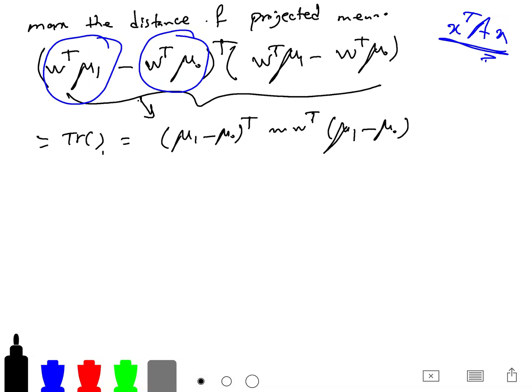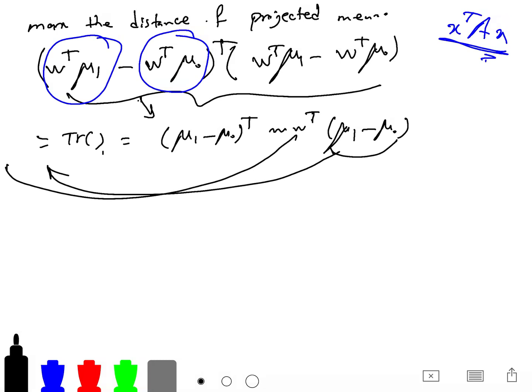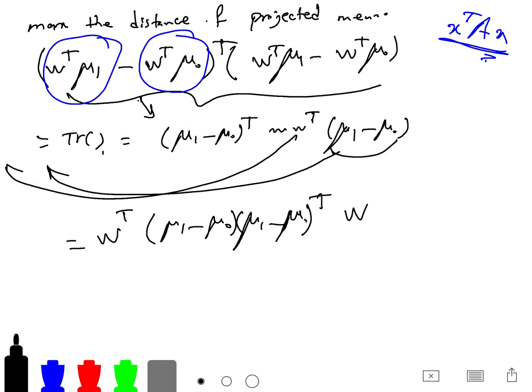In trace, we can just rotate elements. So after rotating them, you have W transpose (mu 1 minus mu 0)(mu 1 minus mu 0) transpose W.